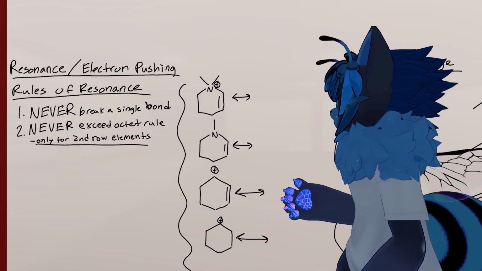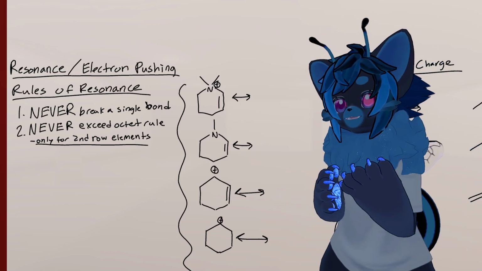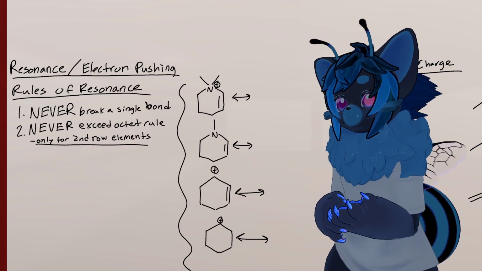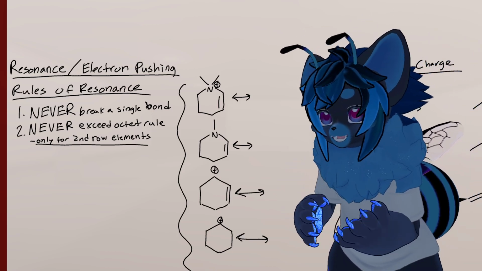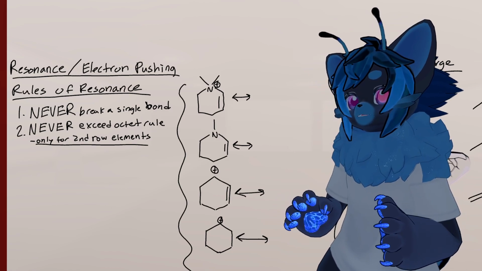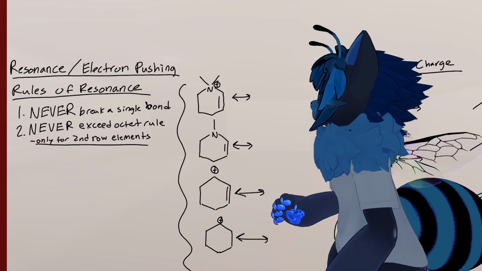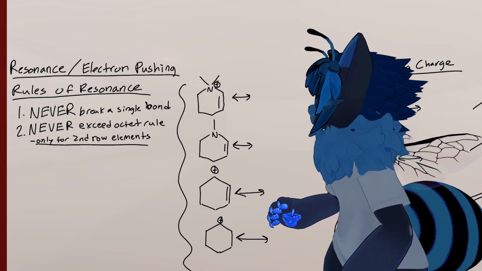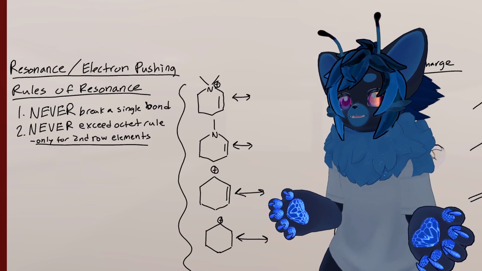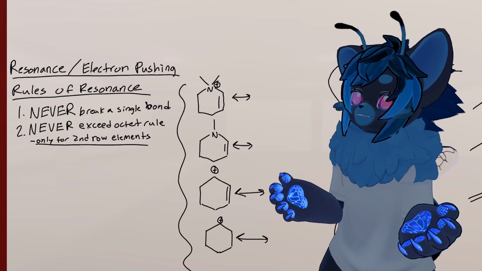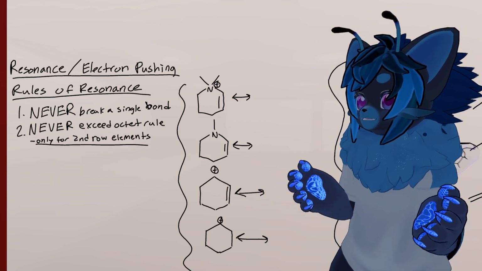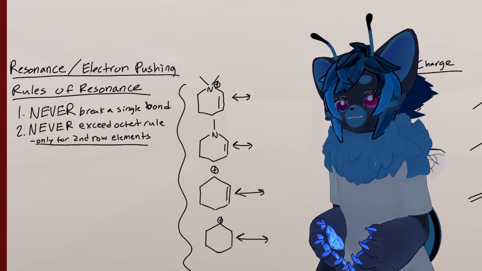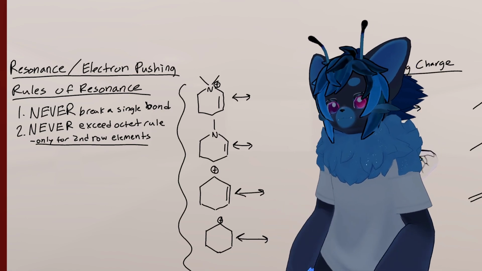This only applies to second row elements like carbon, nitrogen, oxygen, the big 3 of organic chem. You cannot violate the octet rule for them, because they can't hold more electrons. So anything that is pentavalent nitrogen, pentavalent oxygen or pentavalent carbon, you cannot have, because they cannot hold it.